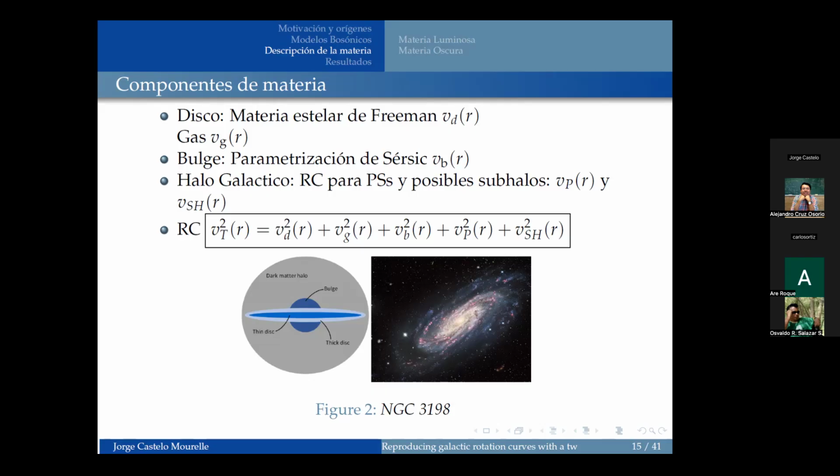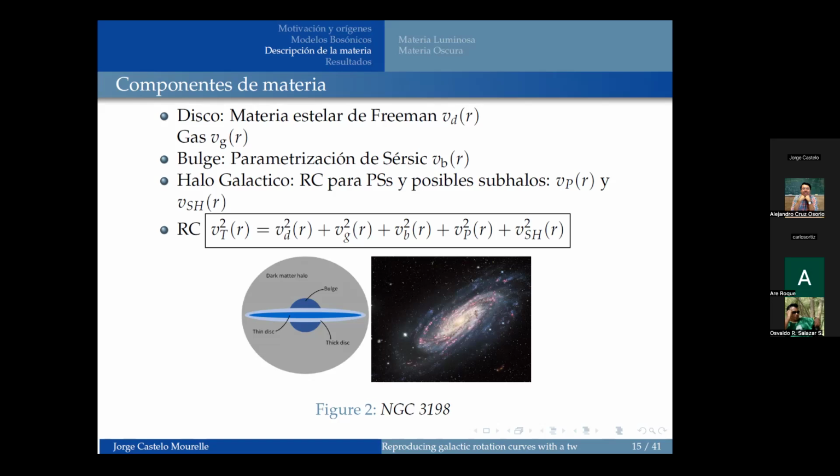Our point here is that by choosing models for the luminous part, we want to fit the observational curves by assuming our halo is the good one. So the first part now is just, this is going to be the velocity for the whole system. And here we have to describe the disk matter, the galaxy, the gas matter.